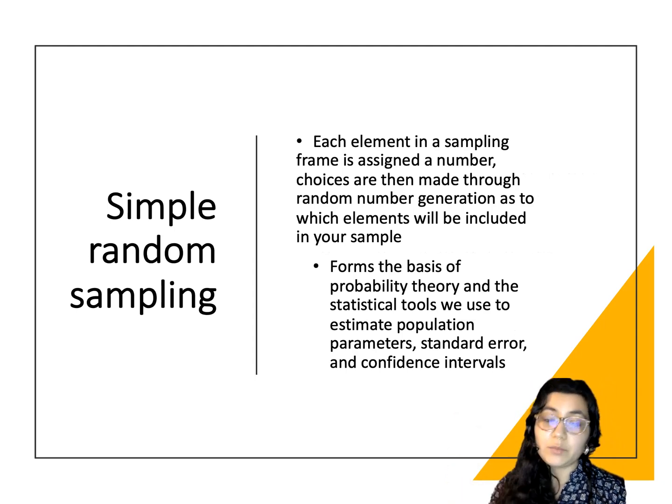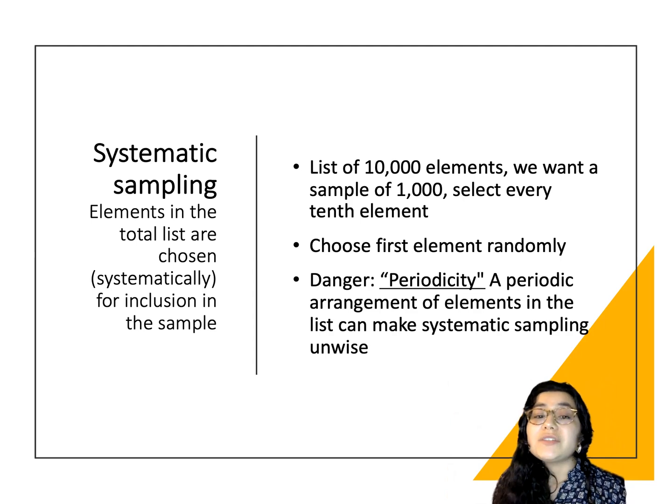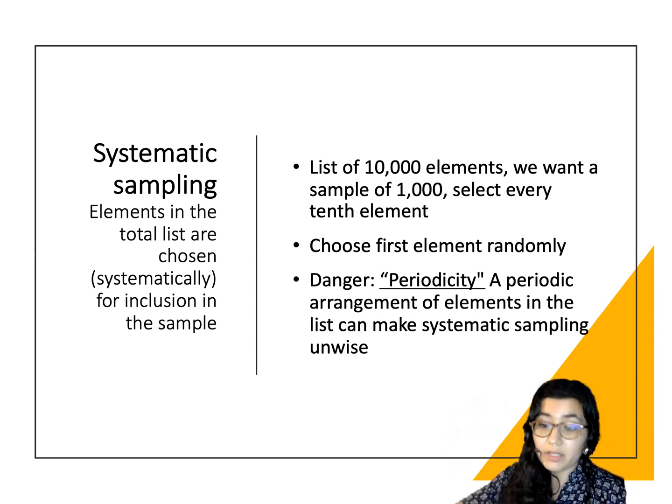And so with systematic sampling, say we list 10,000 elements in our frame. So elements are part of a sampling frame. A sample element is one unit of that sampling frame, one observation of the entire list.